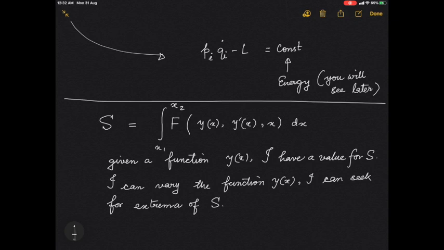So this type of problem has a name. It's called the calculus of variation. Okay.